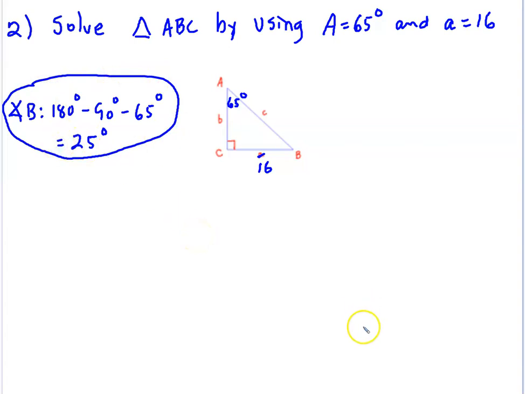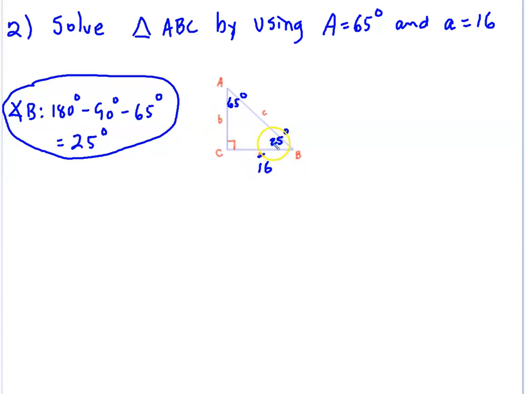All right, so angle B is 25, and now let's work on finding one of these missing sides. So again, you got some choices here. If you want to go ahead and put down the 25-degree angle down here for angle B, you could look from this angle's perspective, and you've got the ratio of opposite over adjacent, which is tangent.